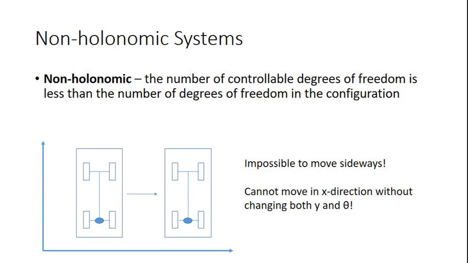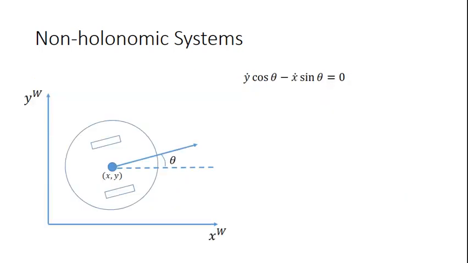It's just the perpendicular direction of the wheels. Whenever we talk about motion constraints, we have to define them mathematically. It's not good enough to just describe them in words, like I'm doing right now. So let's take a look at how to describe these motion constraints mathematically.